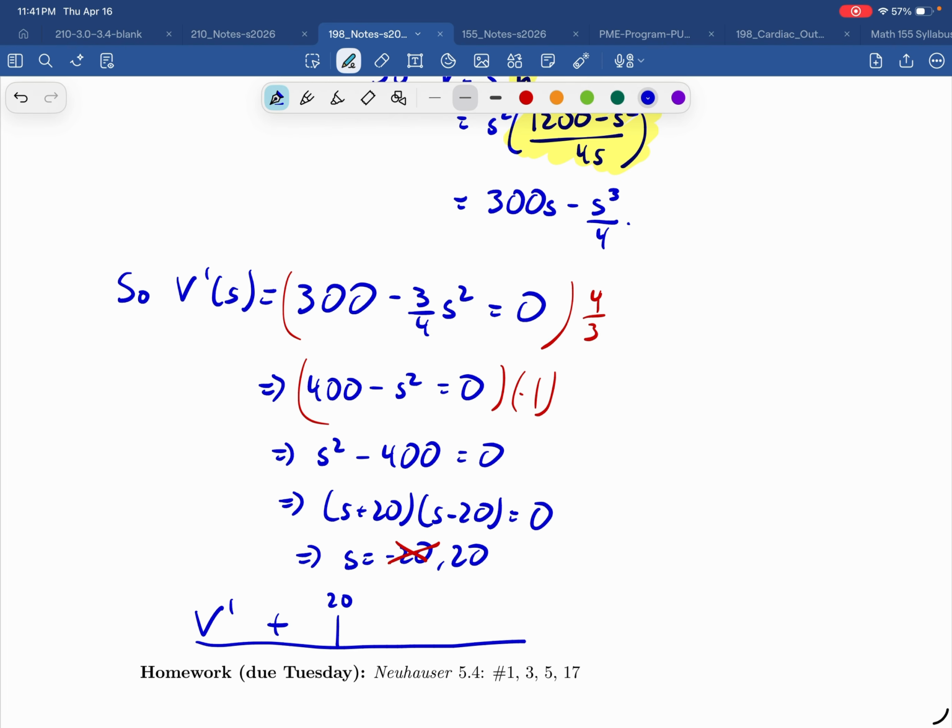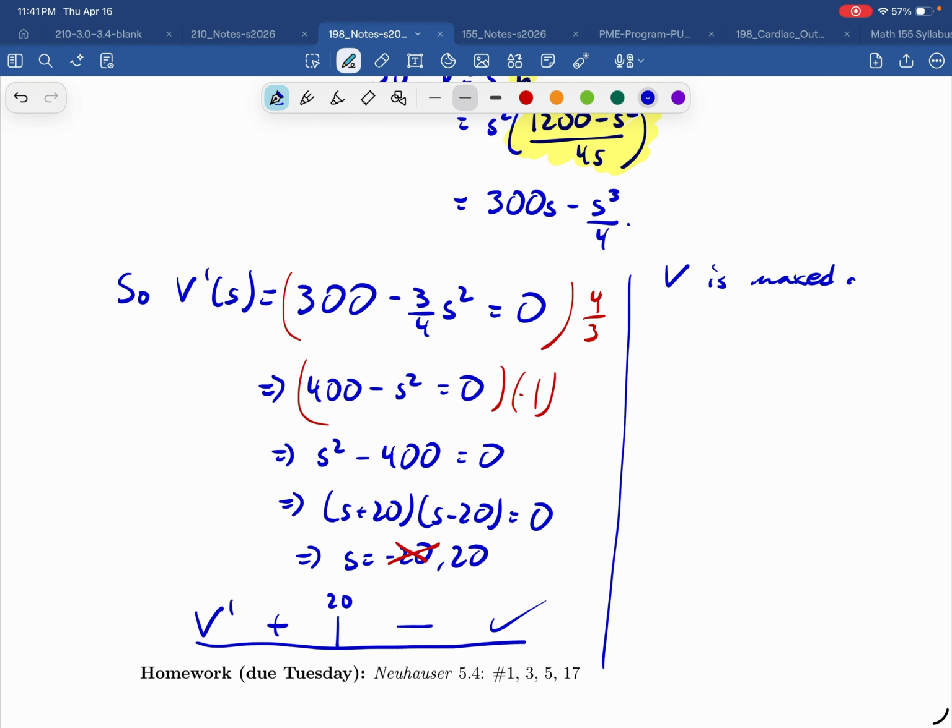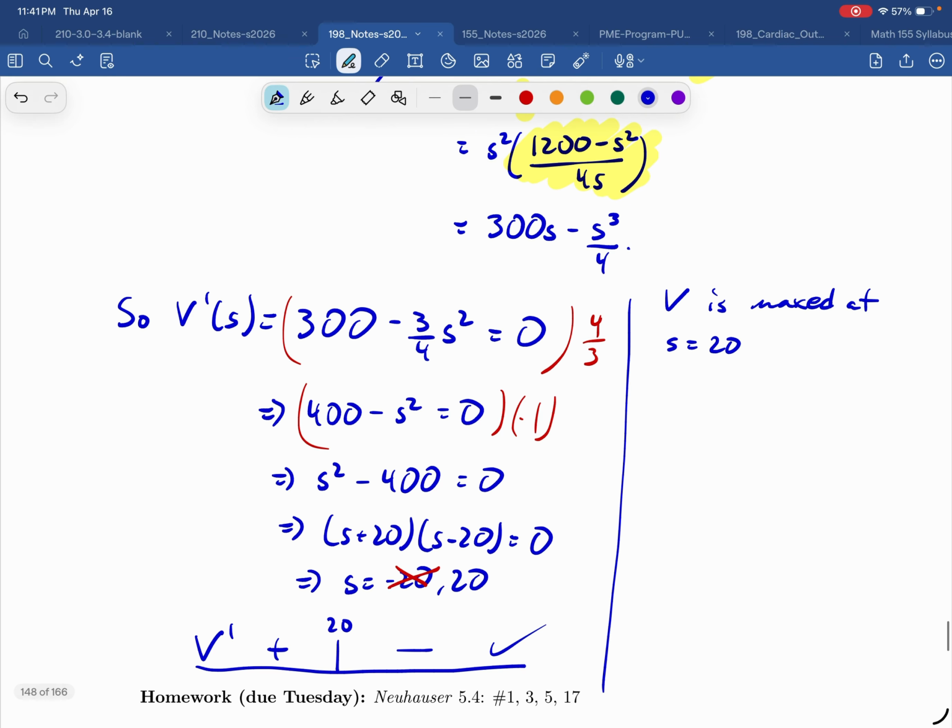Plug in, I don't know, 100, you're going to get a negative. So V is maxed, very formal, at S equals 20 centimeters. Okay, and note that we're using just centimeters because we're talking about length, not area or volume.